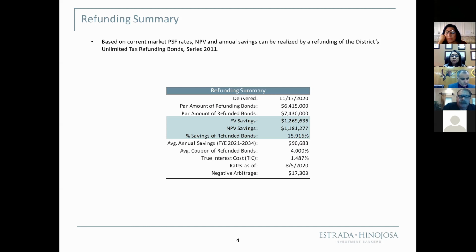Okay. So after everything has been paid for, we're gonna be saving at least $90,000 a year. Yes, and about close to 1.2 million over that time frame from this point to 2034, which is about 14 years or so. Right.